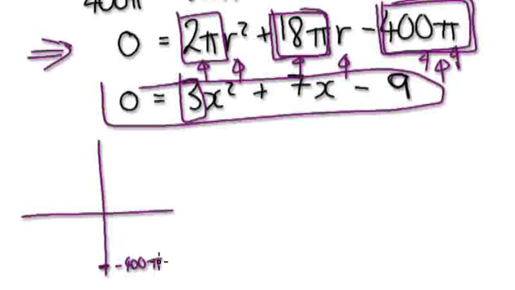It's roughly about 3 times 400, so roughly minus 1,200. And then it has a gradient of 18 pi, roughly 18 times 3. So it's going to be like this.